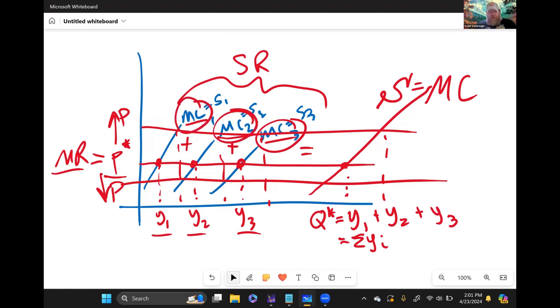So societal marginal cost is just the summation of individual firm marginal cost, which allows us to think about the supply curve. Even though it represents a lot of firms, we can think about the supply curve as representing the supply of the good for society coming from a lot of different firms.